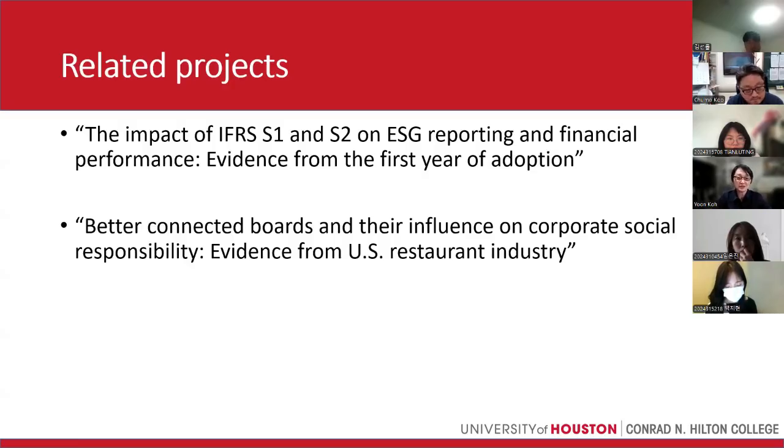Another one is about better connected boards, and how that connection of the boards influences corporate social responsibility. So that was another example of using the ESG or corporate social responsibility related data to study financial performance. And there are multiple different kinds of databases available on ESG as well.